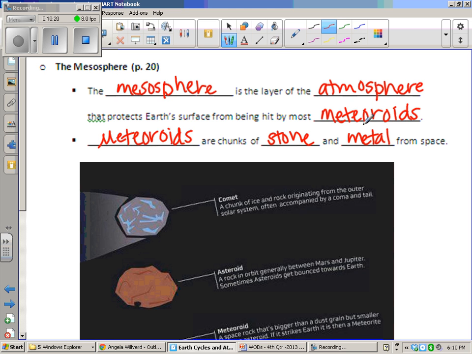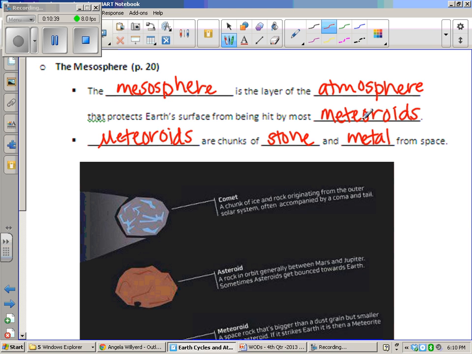So how does it keep it from hitting Earth's surface? Well, the mesosphere is a very cold layer of the atmosphere. And the gas molecules are spread apart, and that's why it can't keep any heat.